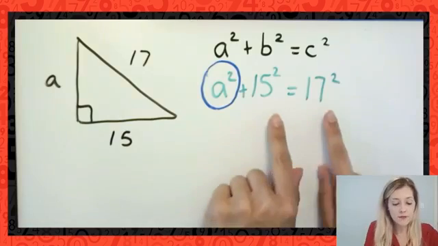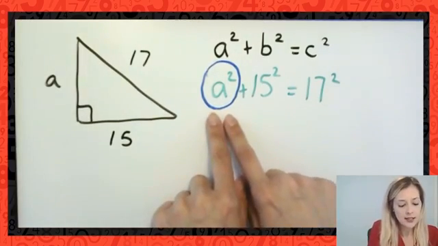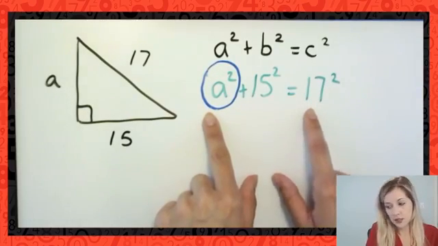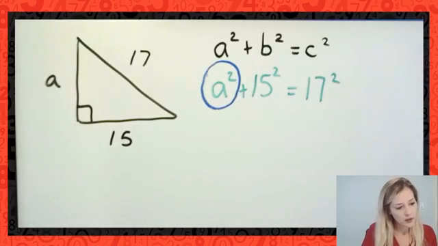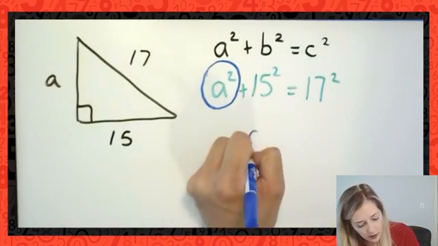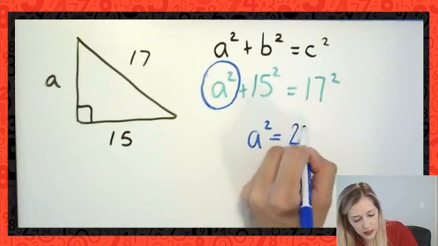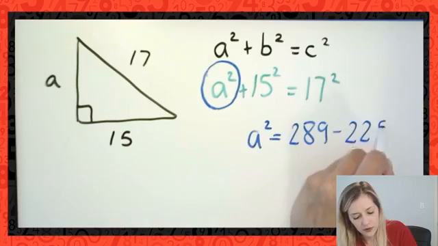What you could do is find the square of these and play around with numbers such that this number plus this actually does give you 17 squared. So I'll give you those numbers here. So we have a squared would be equal to 17 squared, which is 289. 15 squared we've seen a few times now.